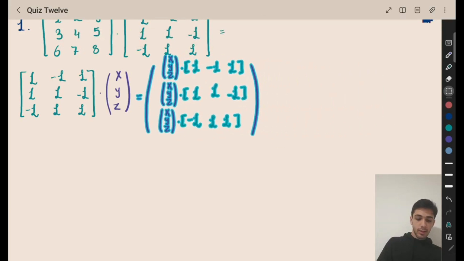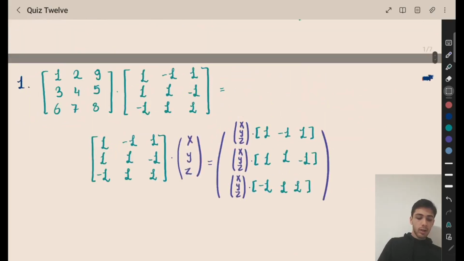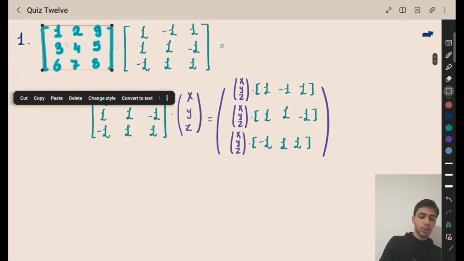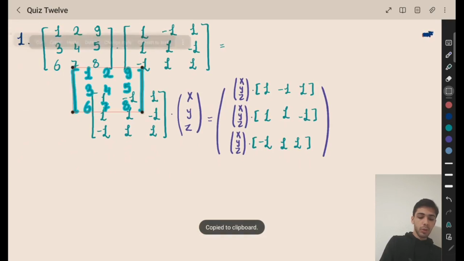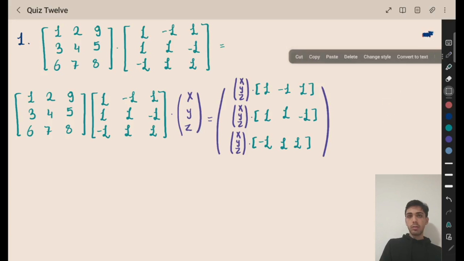So I take this and I apply to it another matrix. Well, not another, the other matrix. We should be able to get the same result that we obtained earlier here, right?